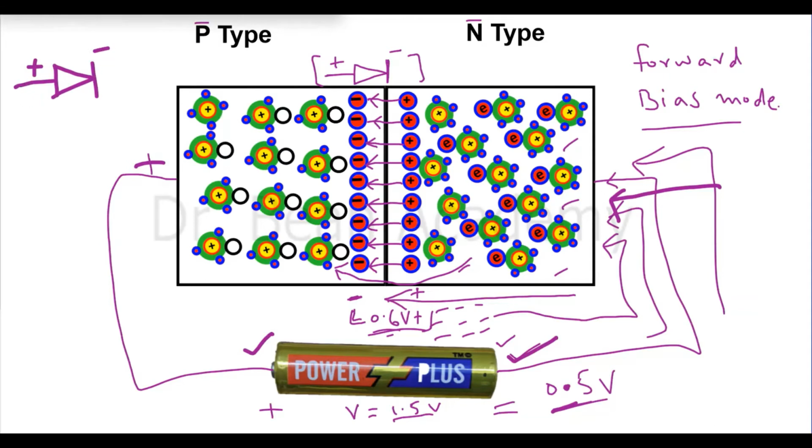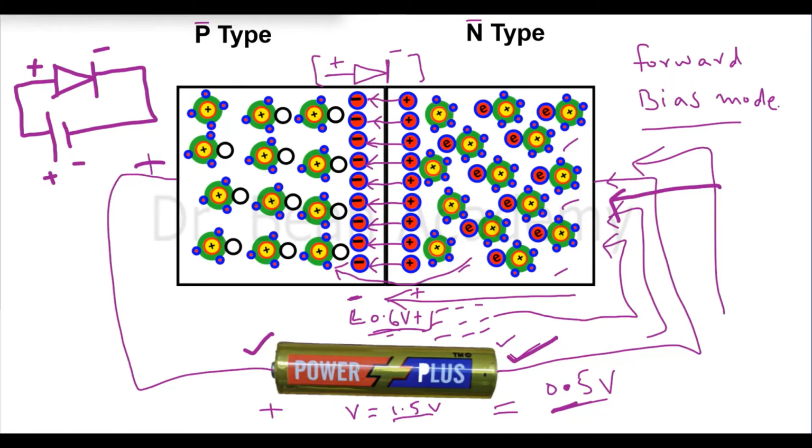And if I want to show the circuit, you will know that we show the positive terminal of the battery as a longer vertical bar, negative with a shorter vertical bar, and then I will connect it. So this is the circuit diagram of a PN junction diode in forward bias mode, positive and negative.